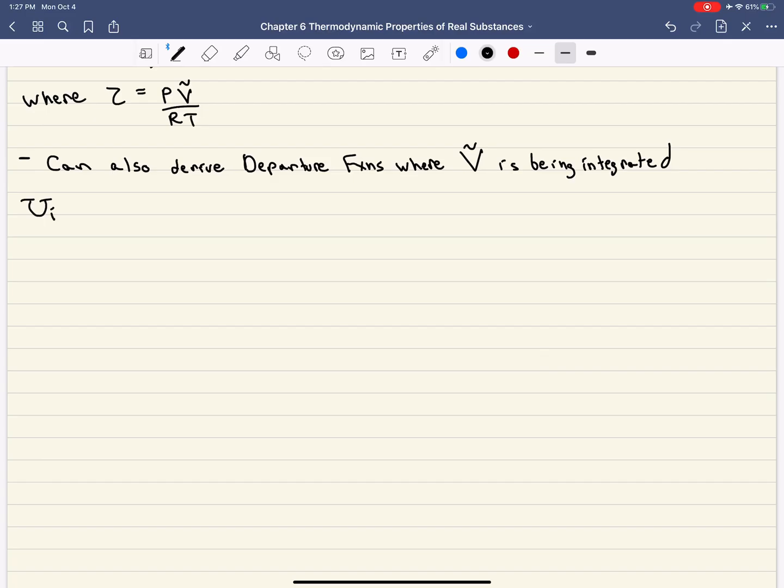If you did it this way, your departure functions would look like this, where now the bounds of the integral aren't from zero pressure to P, but you're integrating from infinite volume to V, because for ideal gases the molar volume is infinite.